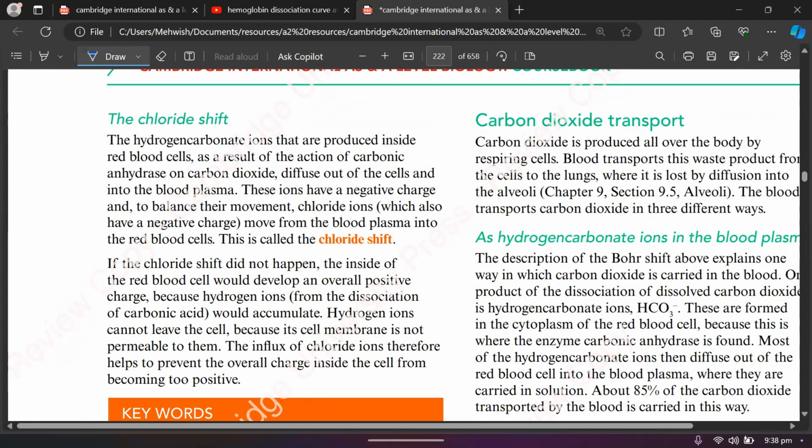To remove that, bicarbonates come out, and along with bicarbonates, hydrogen ions also come out of the red blood cells to maintain the pH and to remove the positive ions from inside the red blood cells to outside. Overall, the pH is basically the problem, and this pH is maintained in this way, right?